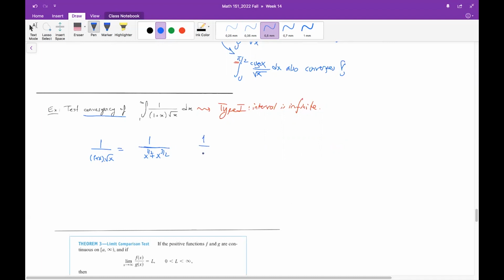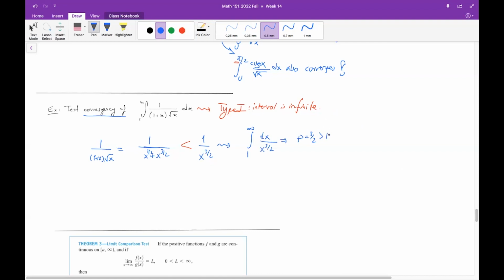And if you compare it with this one, what do you think? Which one is bigger? As you have a bigger denominator here, you will have a smaller quotient. So I should put this inequality in the middle. Then you can start analyzing the convergence behavior of this function here, which is the bigger one. And notice that it is in the p-series form where p is 3/2, which is bigger than 1.